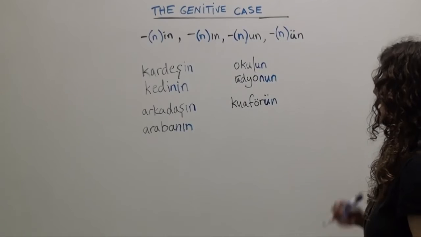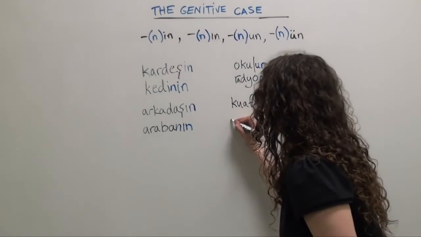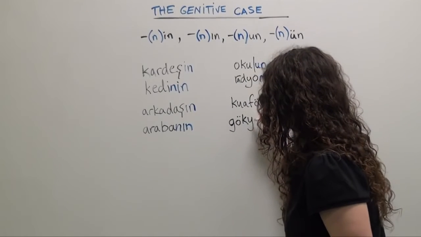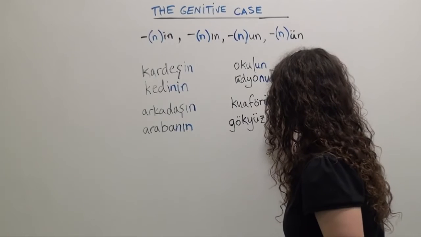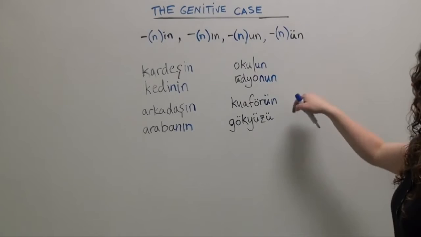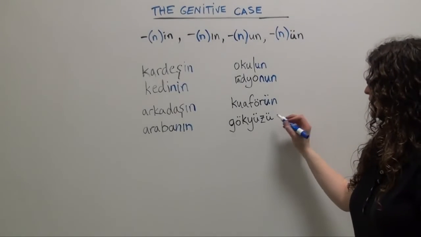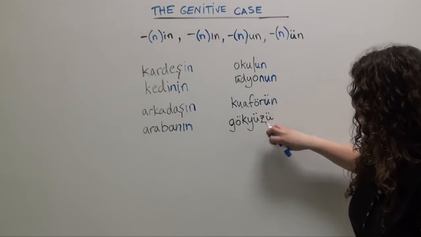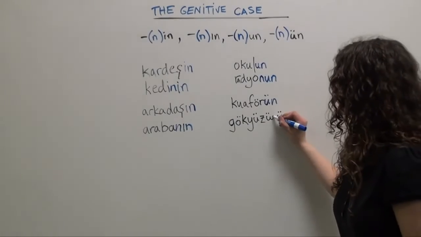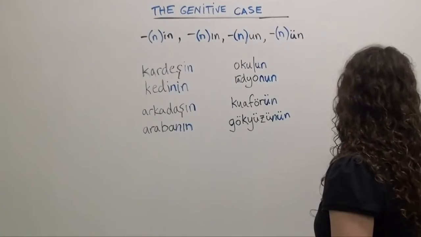Finally, if we want to say of the sky, we can start with the Turkish word for sky, gökyüzü. And again, we're going to need to add the buffer n sound, so that we buffer this ü from the ü in our ending. So gökyüzünün.